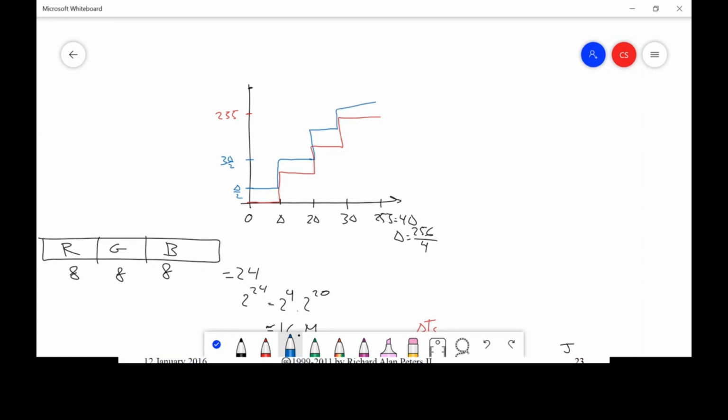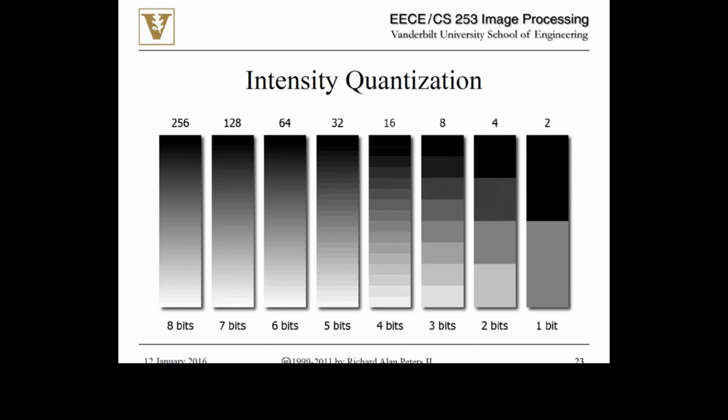By the way, I was wrong. This is not 255. 255 should be a little bit up. I was right at the beginning. So if you have to use few colors to represent the region, the best thing you can do is to put the middle value of that region.